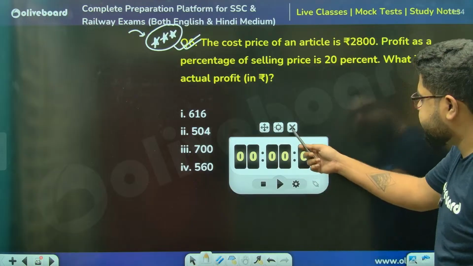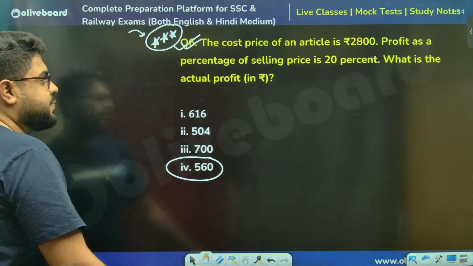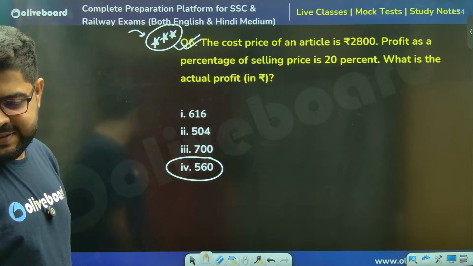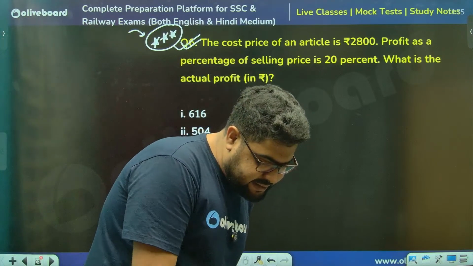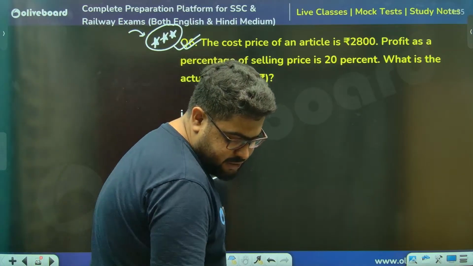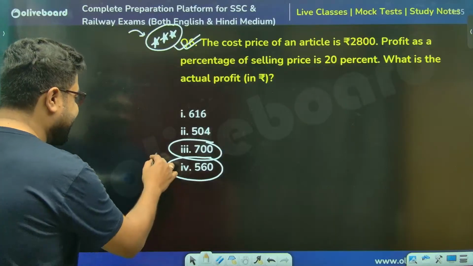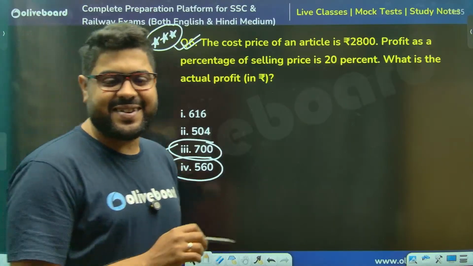Srijan is saying option number 4, 560. Suchishmita is saying 700, option number 3. Surjit is also saying 700. So the 700 side is a bit heavier, sir. 2:1. Okay, let's see.